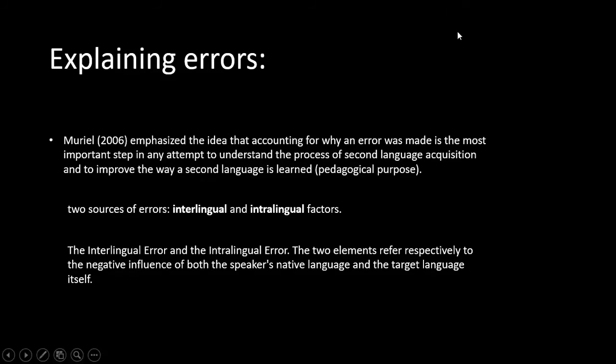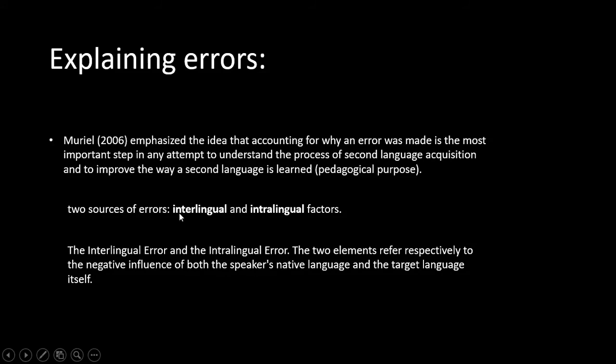Now let's proceed to explaining errors, the last procedure in error analysis. Corder emphasized the idea that accounting for why an error was made is the most important step in any attempt to understand the process of second language acquisition and to improve the way a second language is learned.